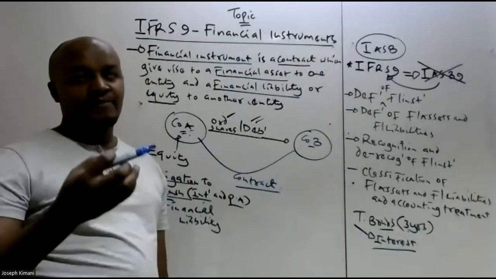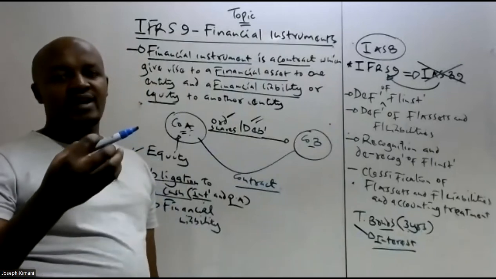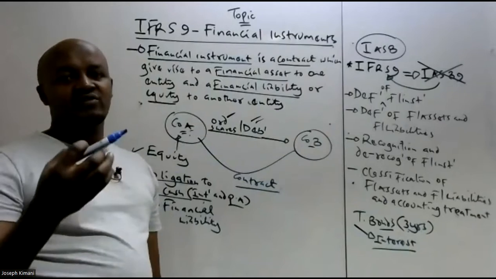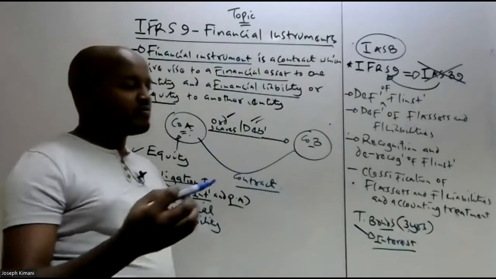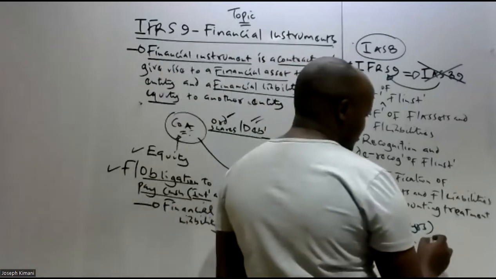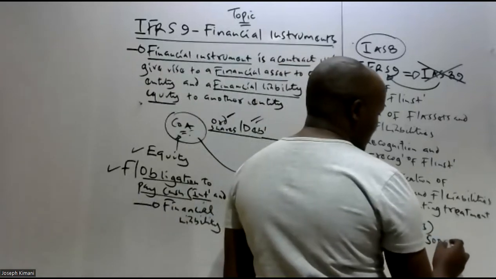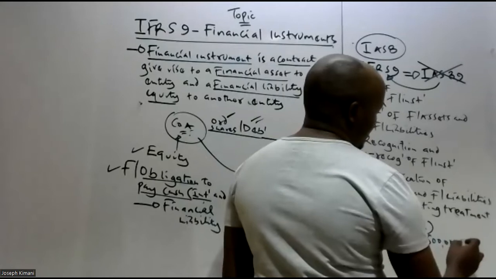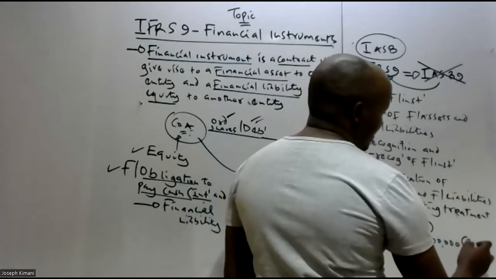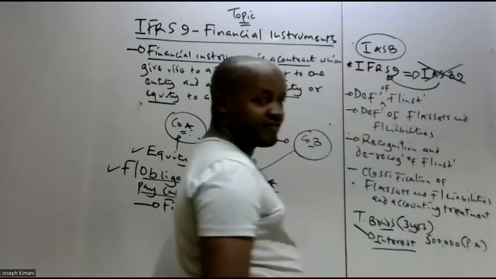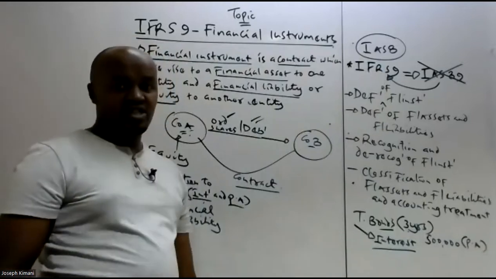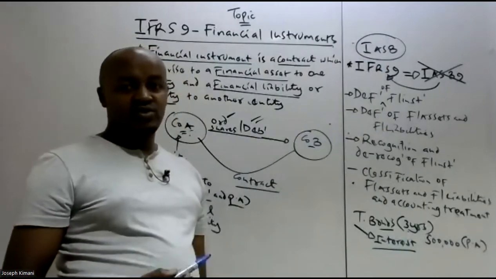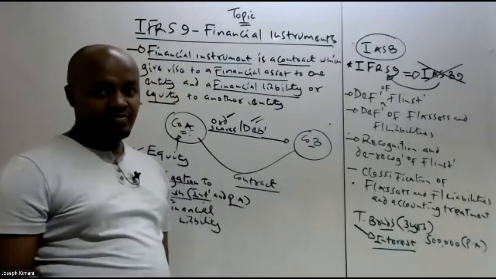If you had bought treasury bonds of like 500,000, at the end of the 3rd year, you'll be given back your 500,000. This 500,000 is the principal amount you had invested. So you can see, as a result of having invested in treasury bonds, you have the right to receive interest and a principal amount.